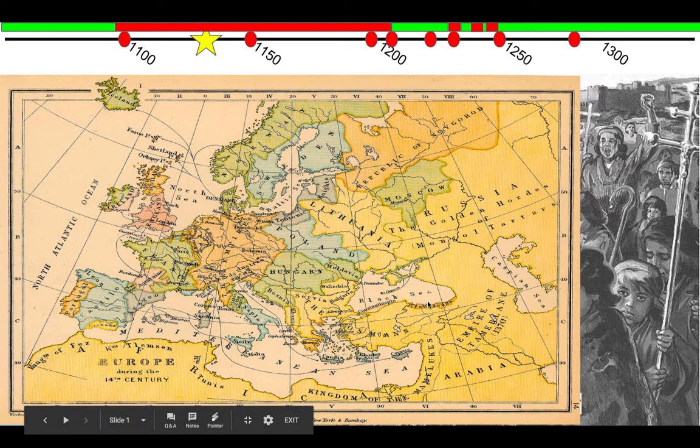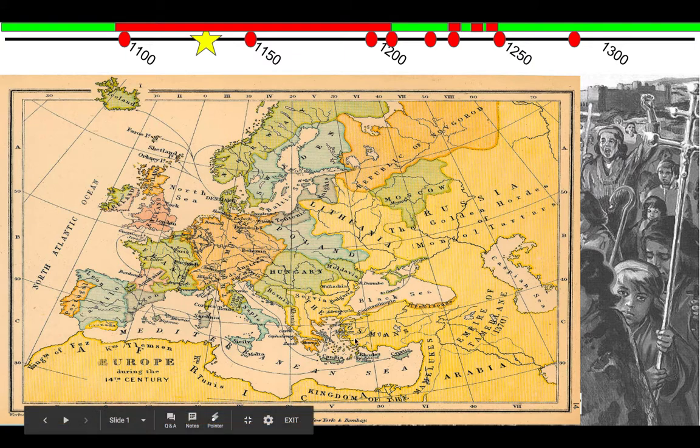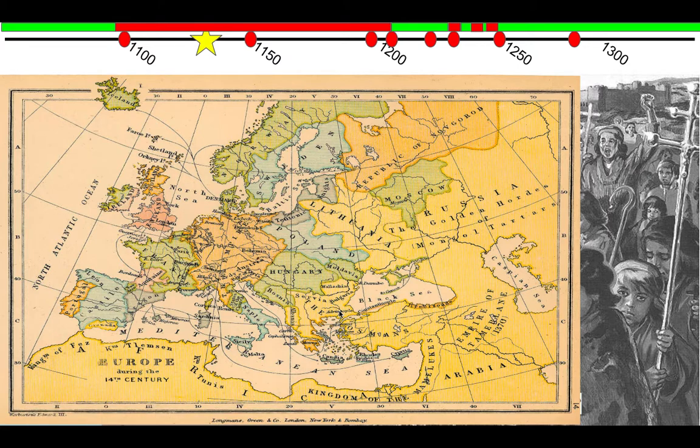What we see is that the Crusaders at times weren't very successful at changing the picture, at least changing the picture permanently of the Holy Land, right? We still see that Muslims are in control of the Holy Land here in Constantinople, which later gets called Istanbul.